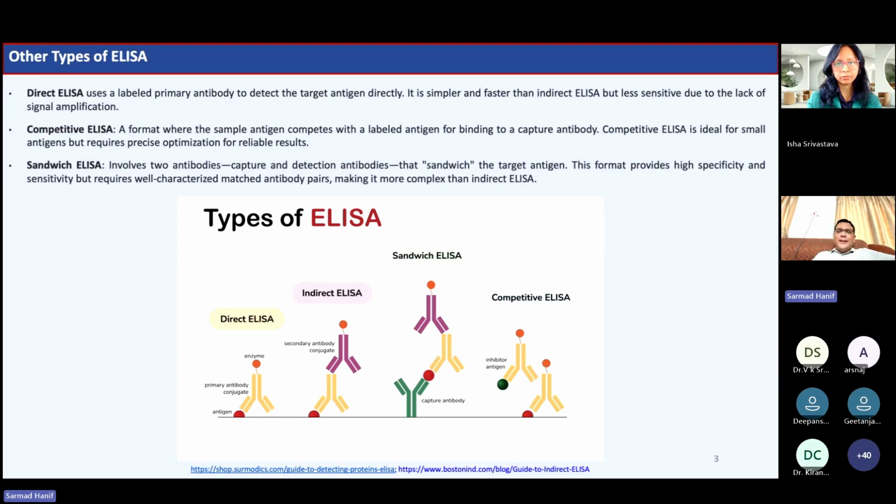So it is also for the identification and quantification of the antigen. So these are the different types of ELISAs which are being done for the vaccine development. Some of them are used for the immunogenicity, some of them are used for the antigen estimation.